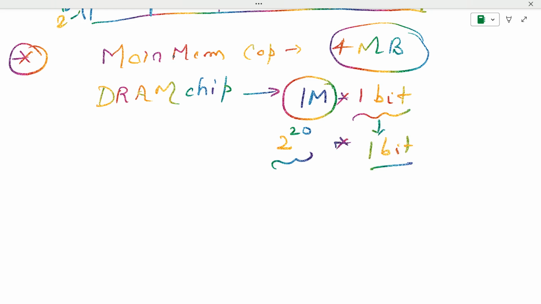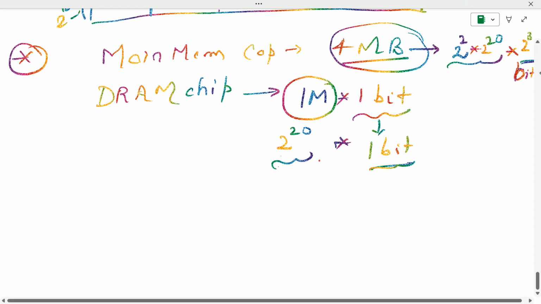That is, each DRAM would have 2 raised to the power 20 rows and each row holding 1 bit of data. And we want the memory capacity of 4M, that is 2 raised to the power 2 into 2 raised to the power 20 rows, into each row holding 2 raised to the power 3 bit data. Okay, so this is in bits.